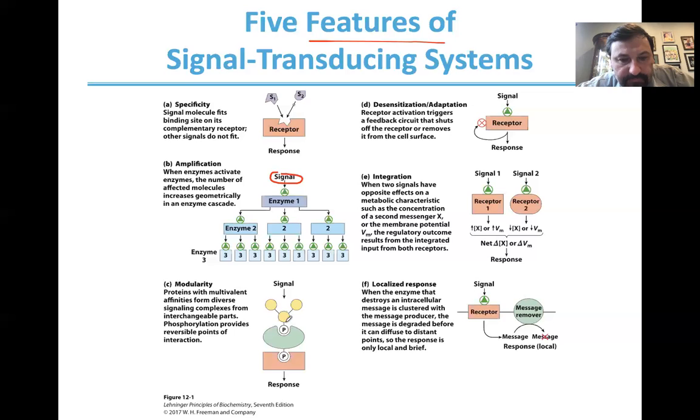Modularity is how signal is transduced. The more of these molecules are involved in the response, for example, you phosphorylate this one, it binds to that one. Phosphorylate this one, it binds to that one. The more modules are brought in, the more specific the signal becomes. Because if something goes wrong, then it must be a different ligand.